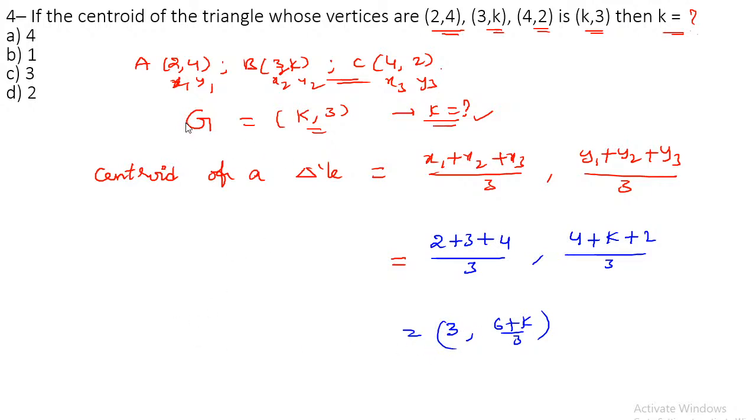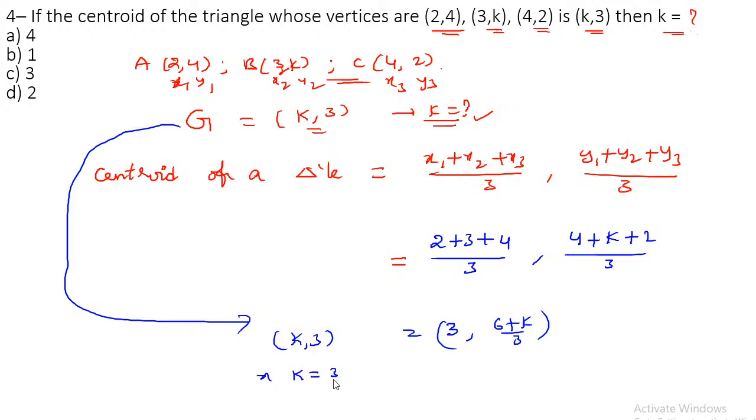But the given centroid is (k, 3). So (k, 3) is equal to (3, (6 plus k) by 3). So k is 3. We can just equate the coordinates, so we get the value of k as 3.